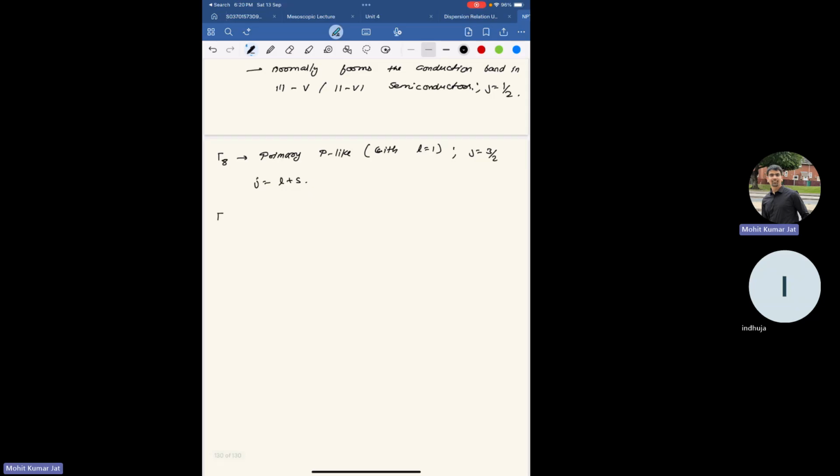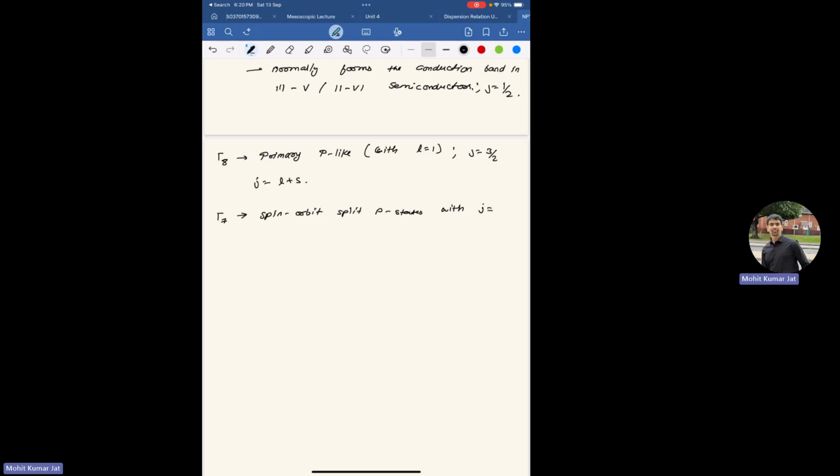Now, if you ask about gamma 7, that is the spin-orbit split-off P state with total J quantum number of 1/2, the split-off band.